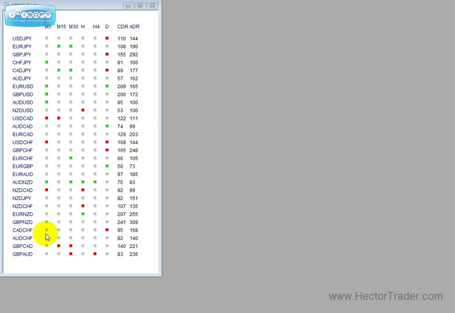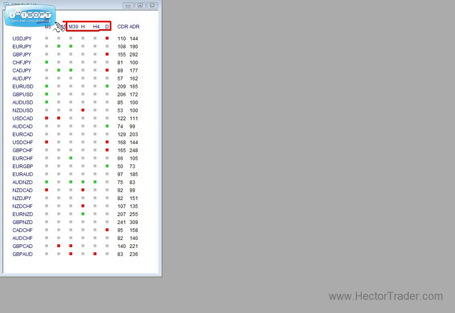I usually don't pay attention to the 5 minute readings, because I'm not a scalper, to be honest. I don't like to search for trading opportunities in such short time frames. If you are a scalper, you are of course very free to search for trading opportunities there. I myself like to focus more on the 30-minute time frame, the hourly, the 4 hours, and sometimes the daily.